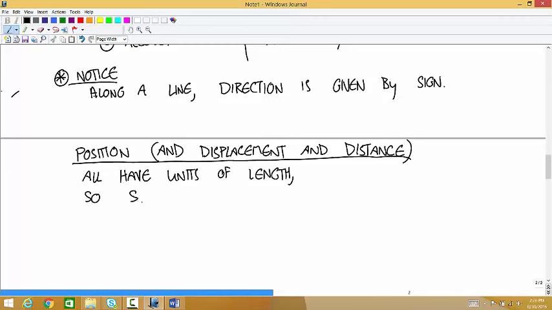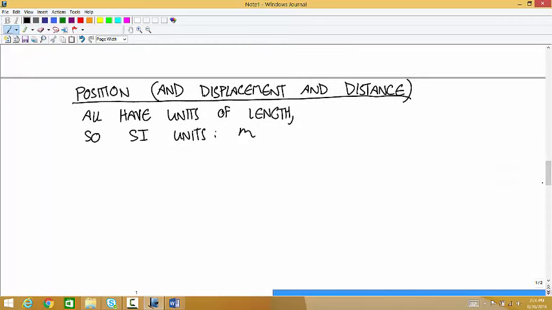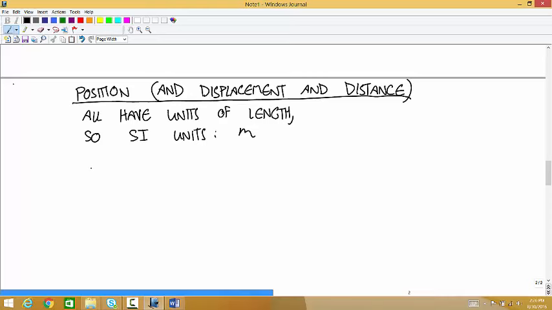So the SI units for position, displacement, and distance are meters.